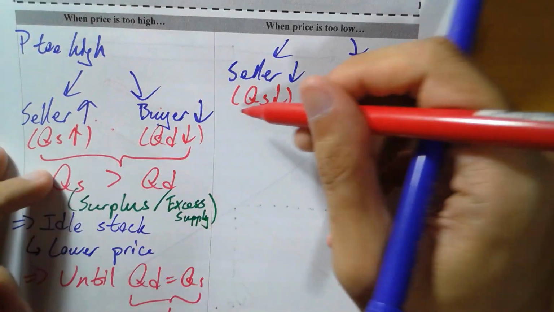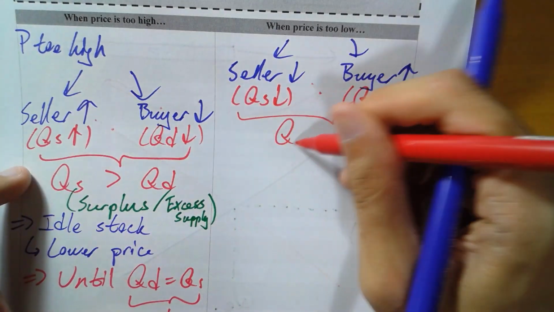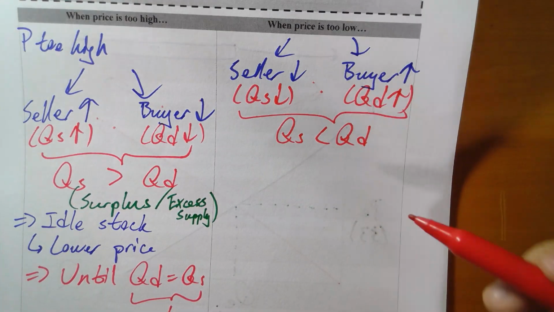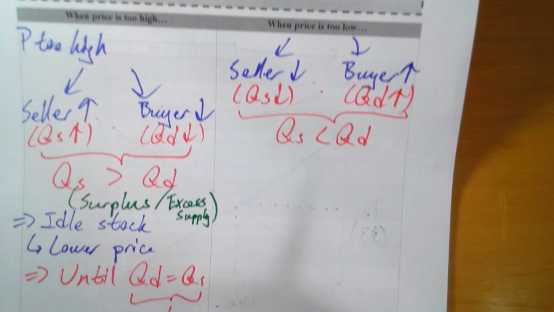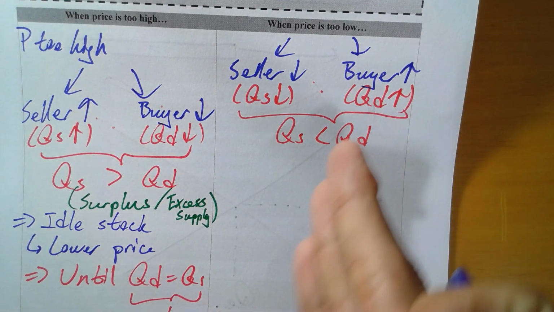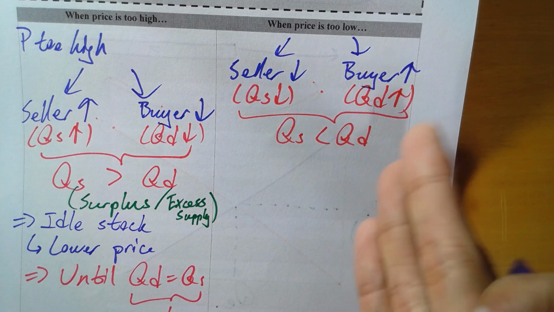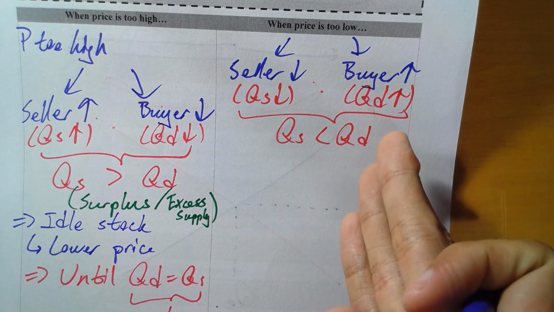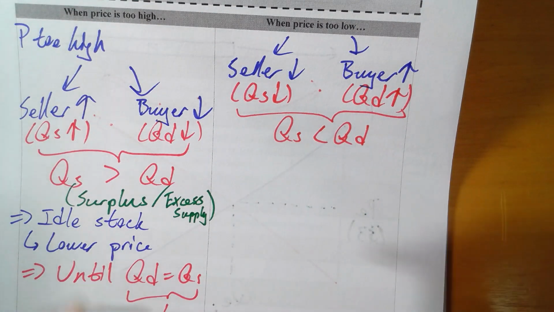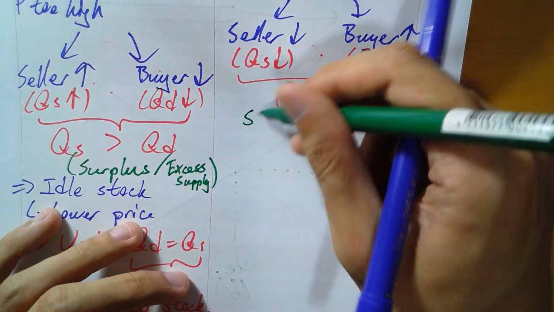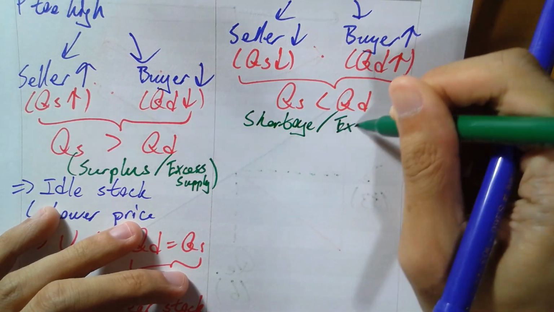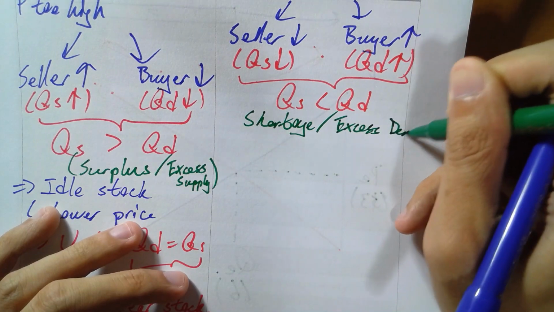That will lead to a situation when QS is way lower than QD. 太少啊！呢情況啦，好多人想買，但係買唔到。Basically, like 黃子華 concert tickets. 好多人想買，不過冇飛俾佢啫嘛。Right now, we call this situation a shortage, or excess demand.